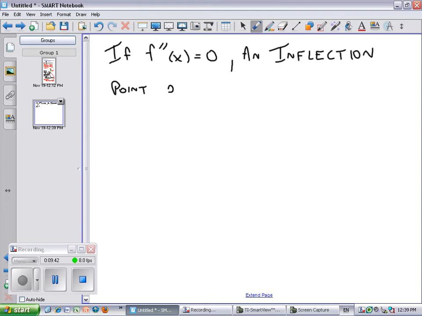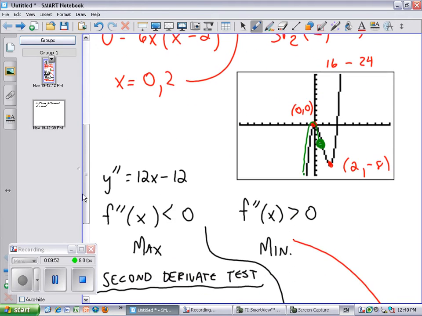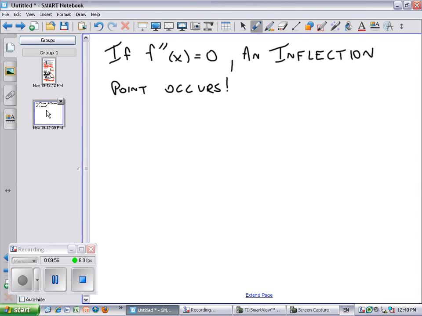Okay, so back to the previous page. Let's grab the second derivative, 12x minus 12. That has to equal 0 for an inflection point to occur. Therefore, solve that equation. We get 12x equals 12, x equals 1.